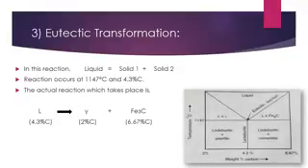Have a look at the figure of eutectic transformation. So this is the point of the eutectic reaction. The portion above this point is the liquid phase. This is the liquid plus gamma phase. This is the liquid plus cementite phase. The reaction occurs at 4.3% carbon.